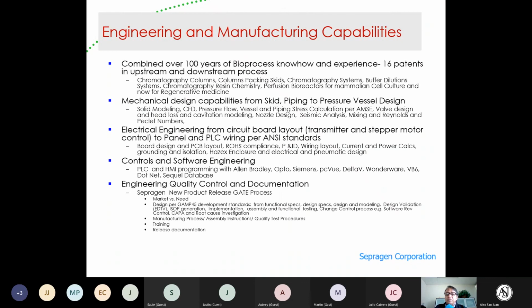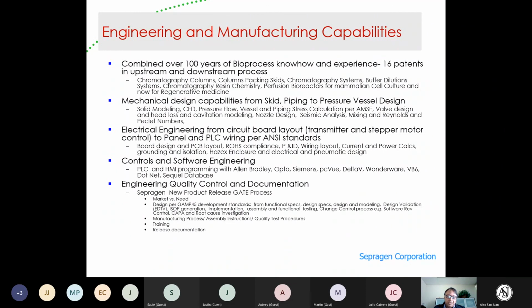So Sepragen has, of course, experience now across a whole range of different processes, whether it's vaccines or antibodies or plasma fractionation, insulin, all kinds of biological products. And we make these columns completely per GMP, with all the welding certs, USP Class 6 elastomers, so all the certifications required for use in large-scale manufacturing.